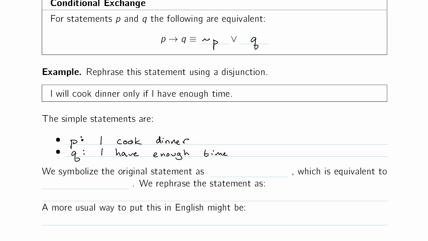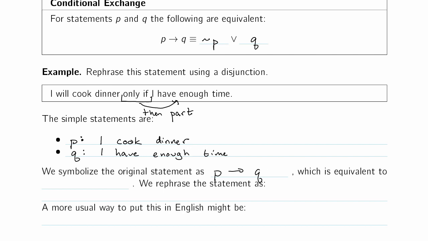So our original statement, I will cook dinner only if I have enough time. Remember, only if introduces the then part. So our original statement, I will cook dinner, P, then Q. P only if Q is the same as P then Q.